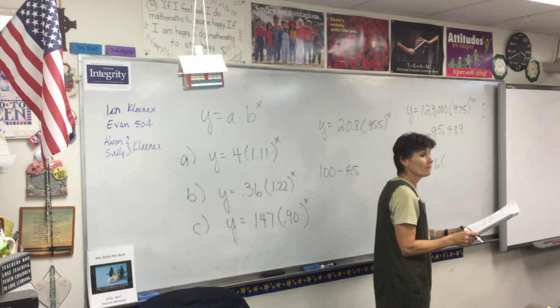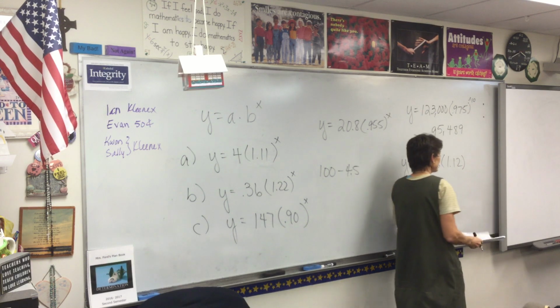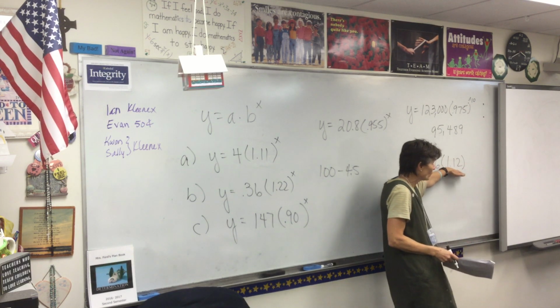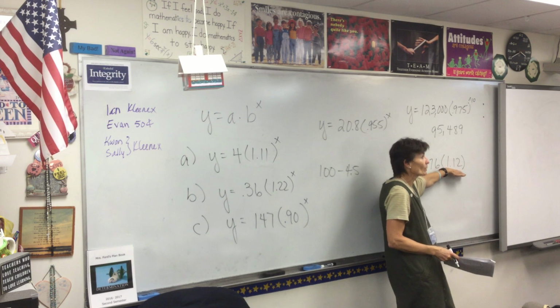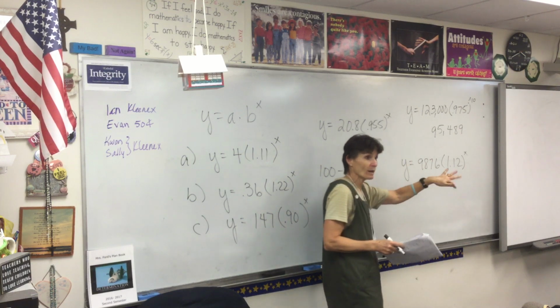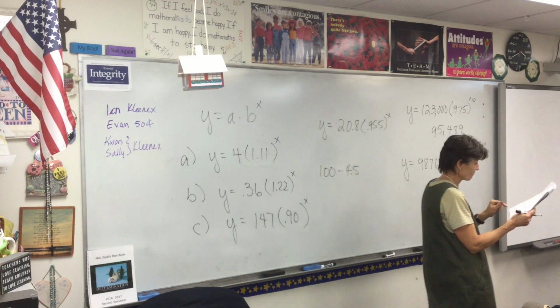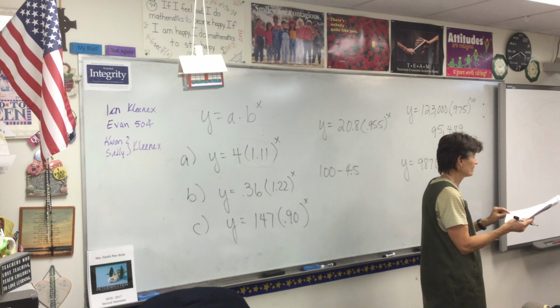What's my ratio? 1.12. Now, does everybody understand why that's 1.12? We're increasing 12% to the x. Now, that's the general equation, but we want specifically to go from 2005 to 2013.